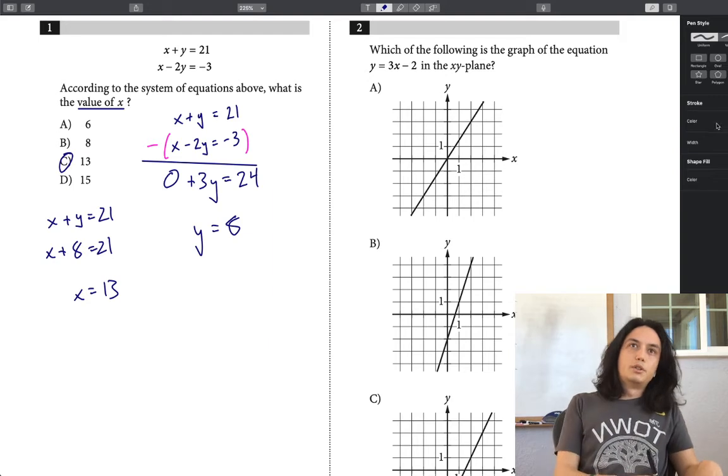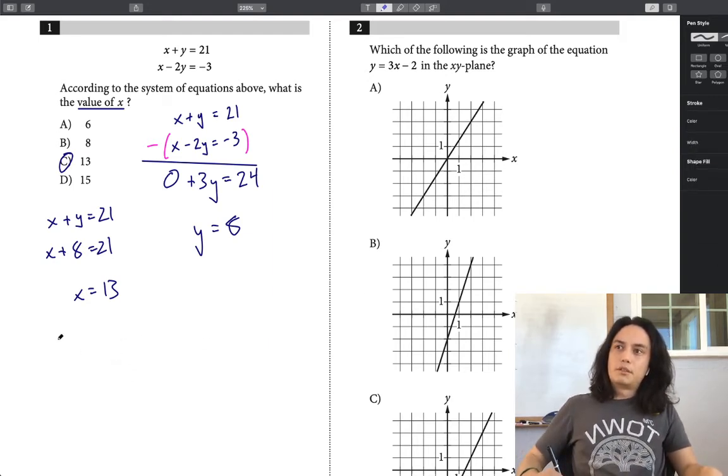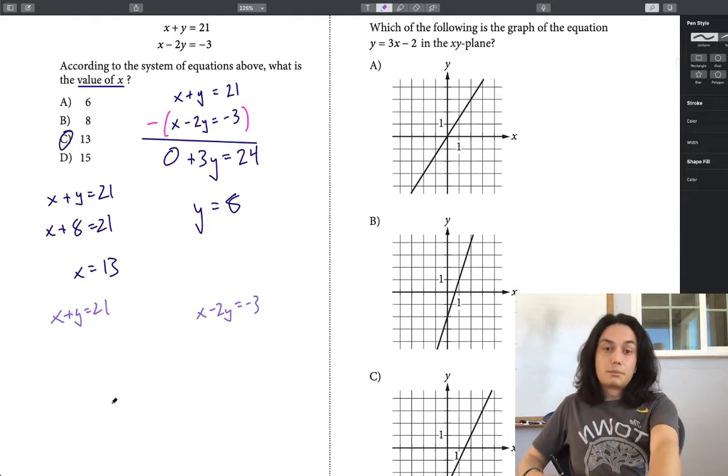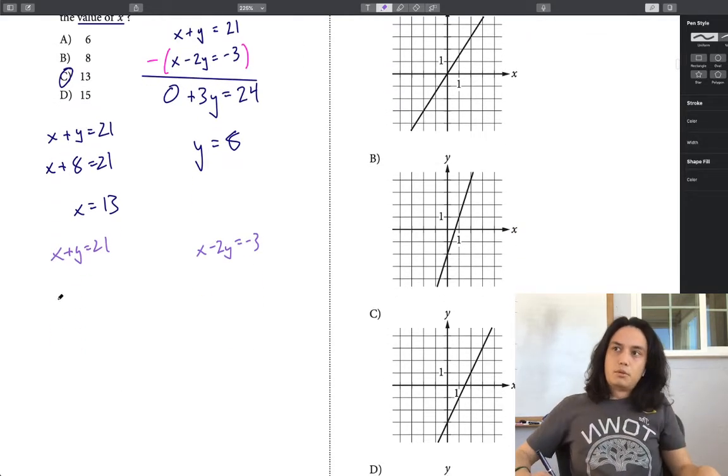So just real quick, just to show you, I'll do this in purple. We've got these two equations, right? x plus y equals 21, and x minus 2y equals negative 3. This is going to be slower, warning, but it's going to work. So I'm going to try to isolate x. I'm just going to try to get x alone.